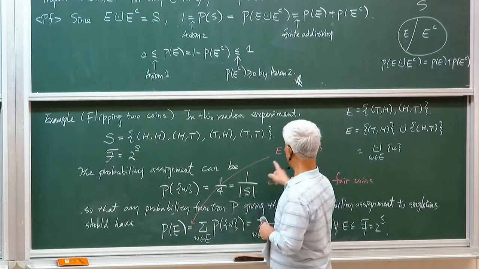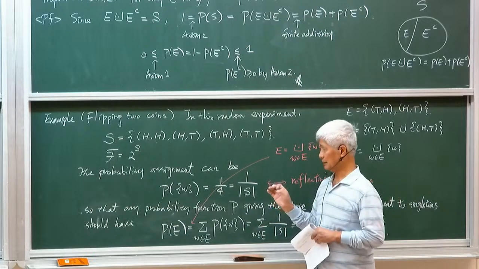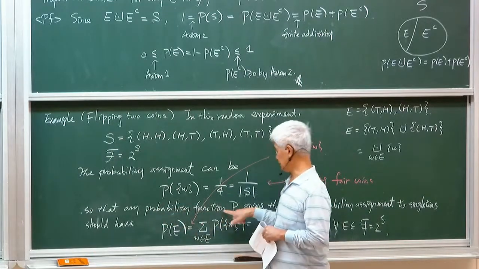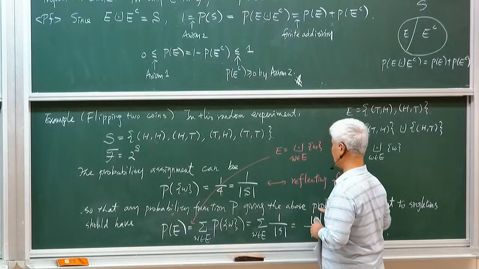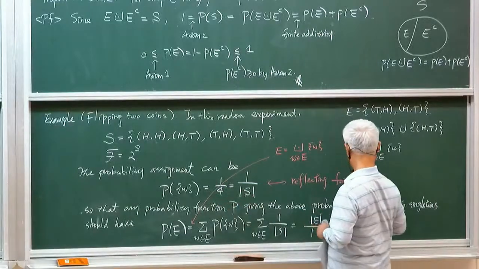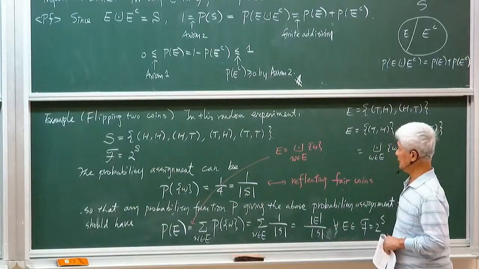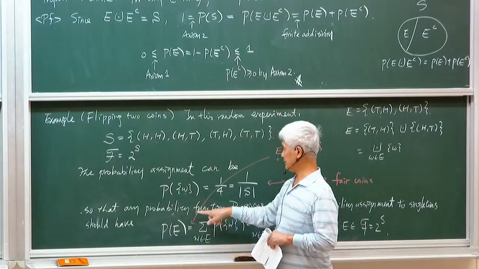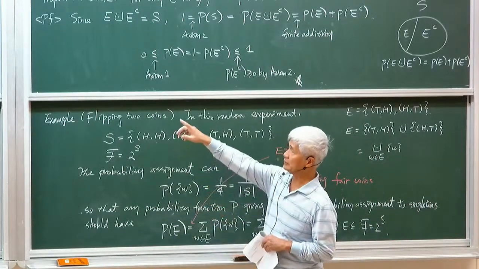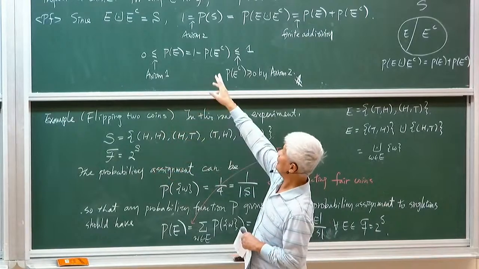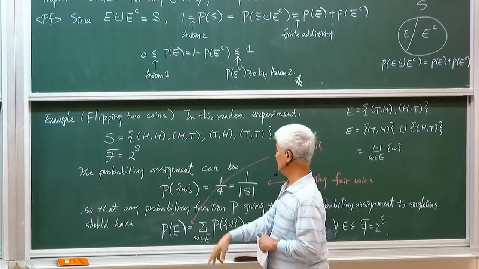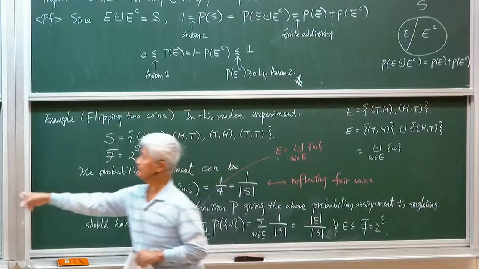And then we can use the finite additivity. If we have a probability function given the above probability assignment, it should satisfy the three axioms and the three propositions we proved here, including the finite additivity.